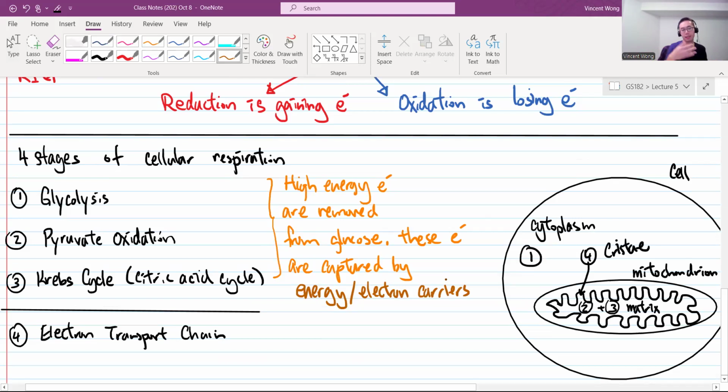They mean the same thing, because these electrons are packed with energy. So if you carry the electron, you're essentially carrying the energy.